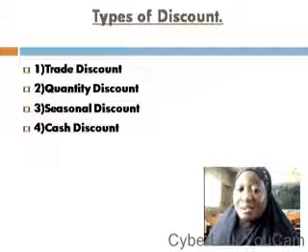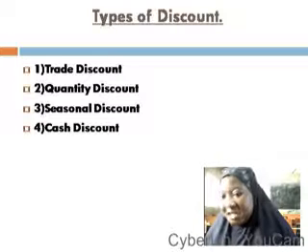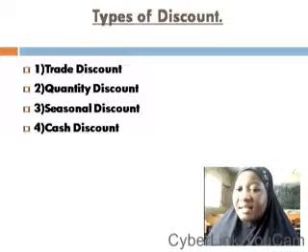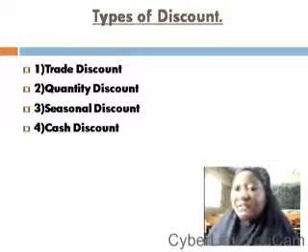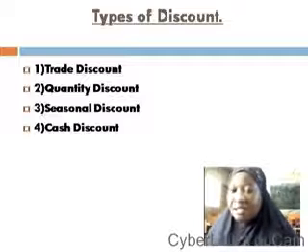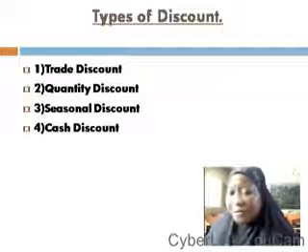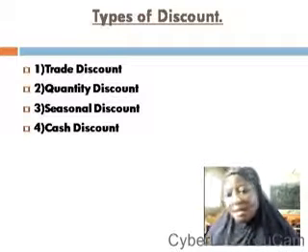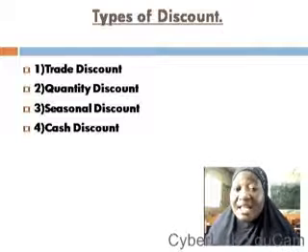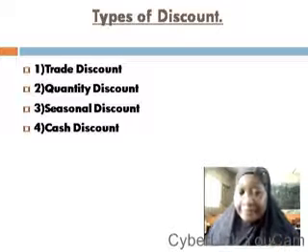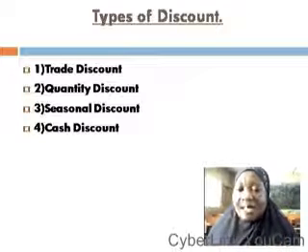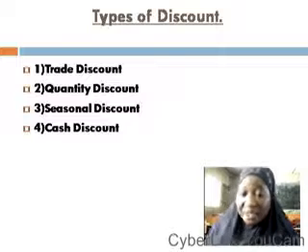So, types of discounts. We have trade discounts, quantity discount, and seasonal discount. Let me start from trade discount. You may be a sales rep, maybe you are selling for a shop or for somebody.